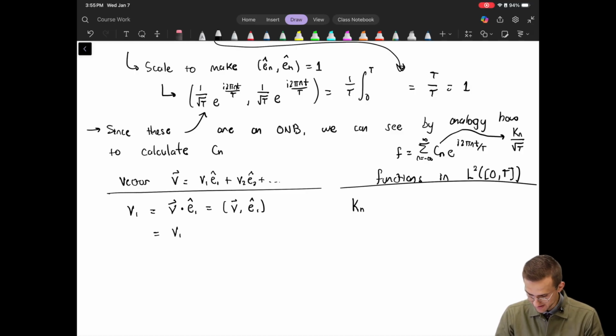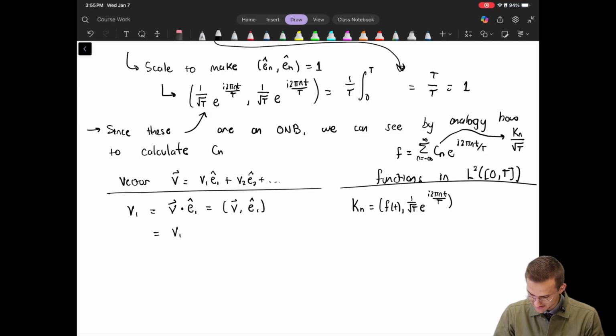The way you would calculate kn, which you can just divide by square root of t to get cn, is that you take the inner product of f of t with 1 over the square root of t e to the I 2 pi nt over t.